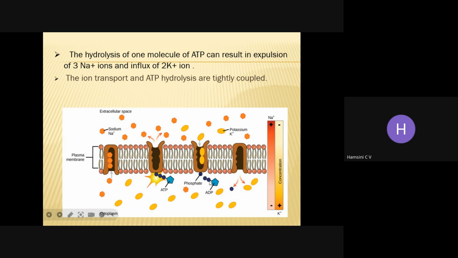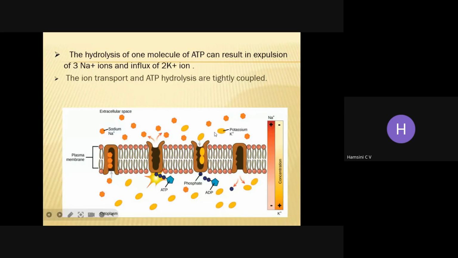And in exchange, potassium is high in concentration inside, but low in concentration outside. But the movement of potassium is reverse. It is like an exchange. For every 3 atoms of sodium, there will be 2 atoms of potassium exchanged. Here it is 3 molecules of sodium, and here 2 molecules of potassium.